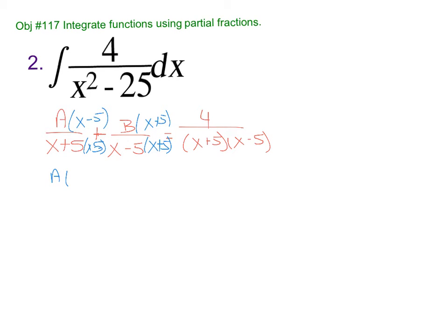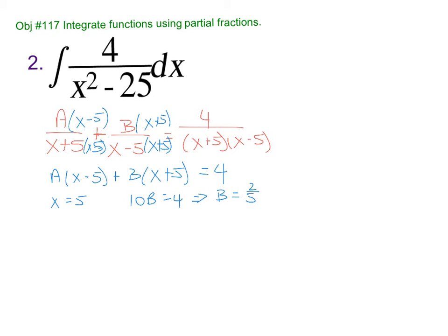So a times x minus 5 plus b times x plus 5, we need that to equal 4. Right? When we put all that together, we need it to be 4. So I'm going to start with x equals 5. So the first term with the a cancels, and we're left with 10b equals 4, which means b is 2/5.